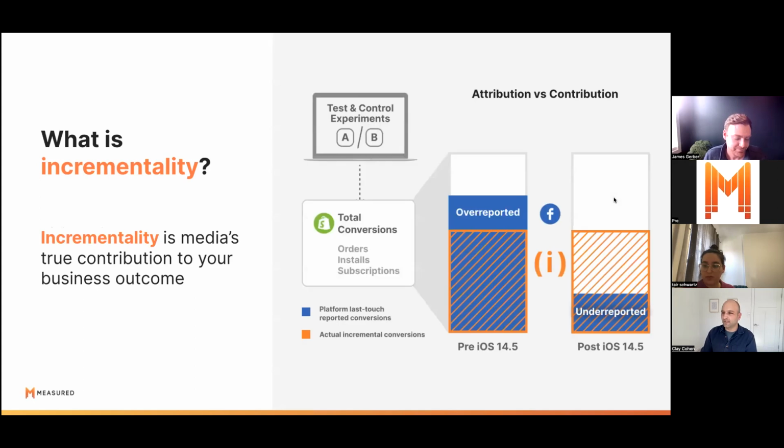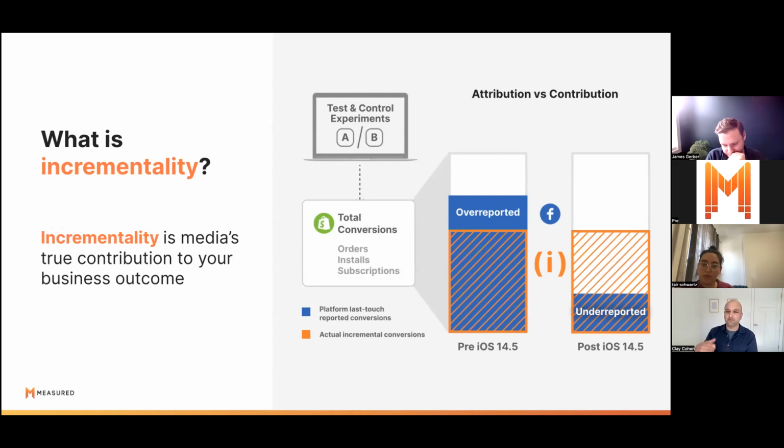Got it. Awesome. So let's talk a little bit about incrementality. We're going to use this word a lot. We know there's probably a lot of people on the call who understand this concept and are familiar with it, but we want to make sure that we express this in a way that people can understand. So if you think about the total conversions reported out of your source of truth, whether that be a Shopify, for example, here, within that total volume of conversions, each of your platforms is going to be taking credit for a certain percentage of those.